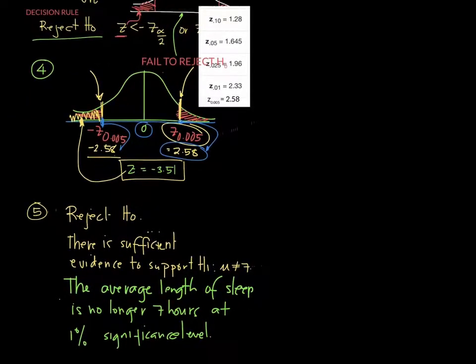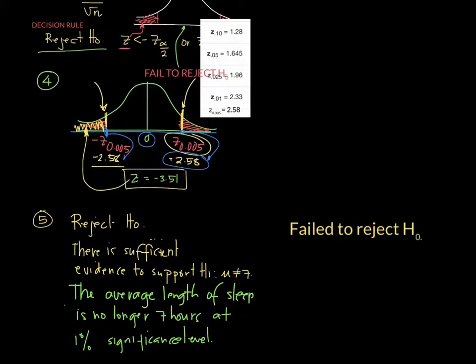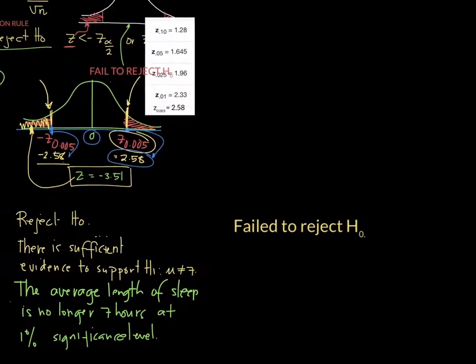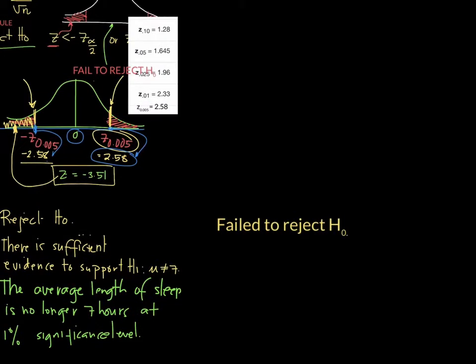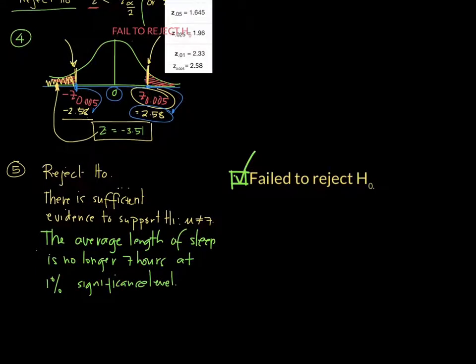Now, just to provide you an example, so what if the conclusion is fail to reject? Okay, suppose that the value that we obtain in step number 3 is not in the critical region. So our conclusion will be fail to reject. So to write this, you just have to reverse your statement when you reject the H0.